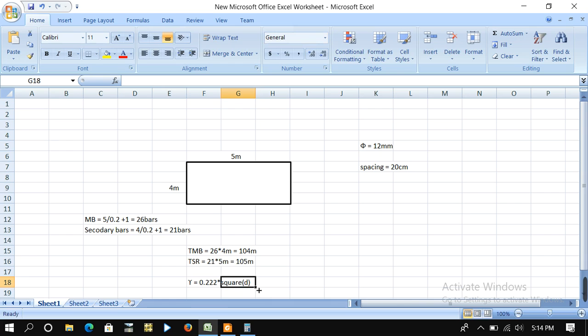Then using this formula we can calculate the unit weight of a bar.